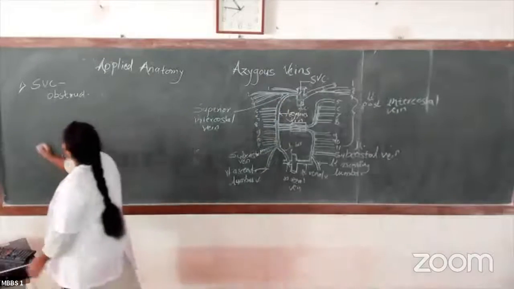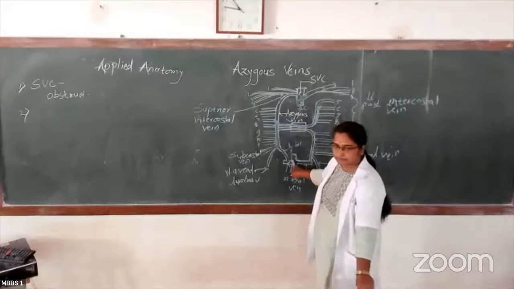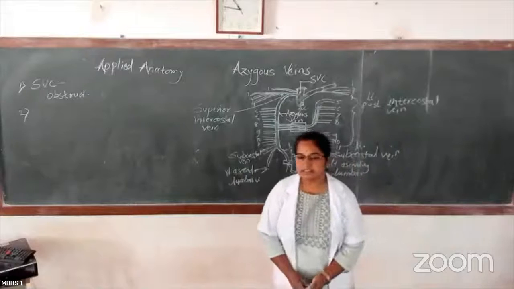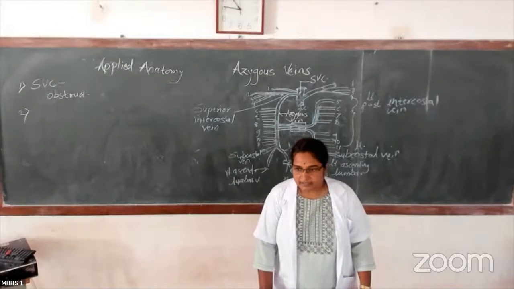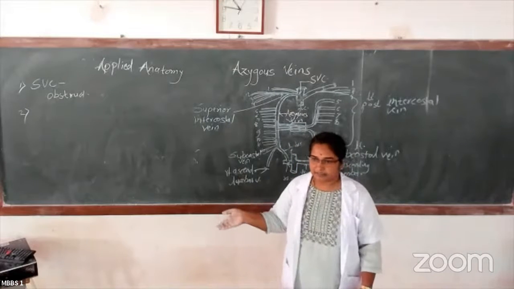When the superior vena cava is obstructed below the opening of this azygous vein, then this venous blood is returned to the inferior vena cava. So in the beginning, I told you that this azygous vein forms an important collateral channel. So it works during obstruction of superior vena cava.